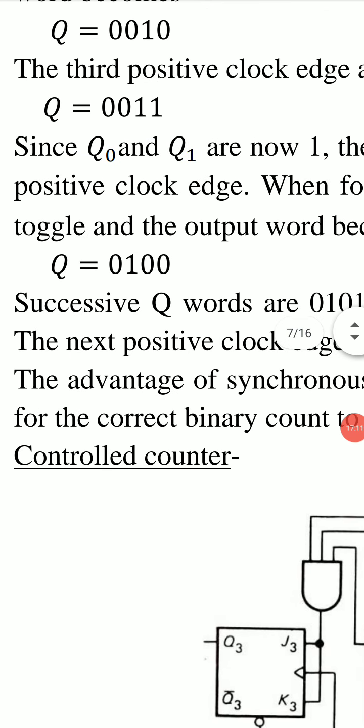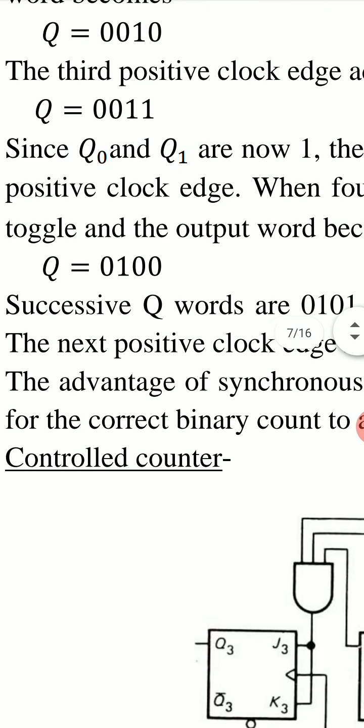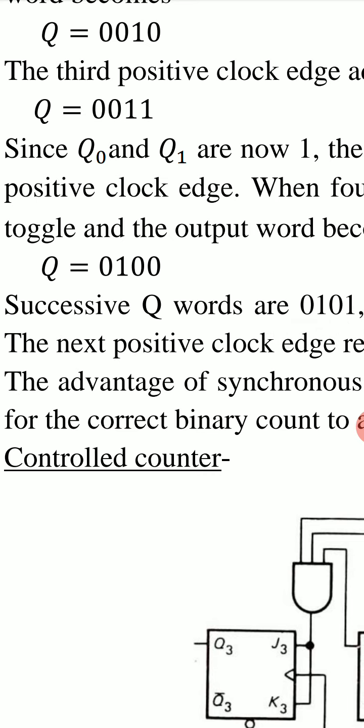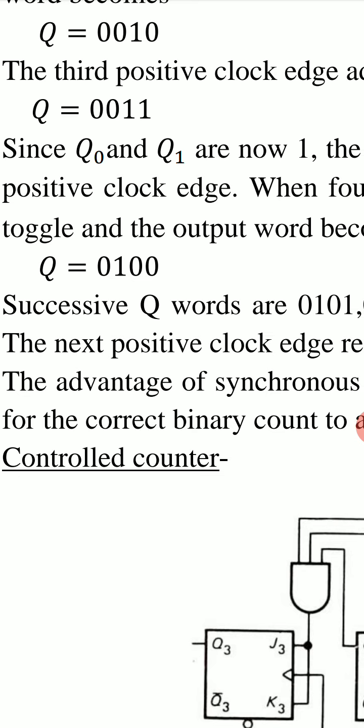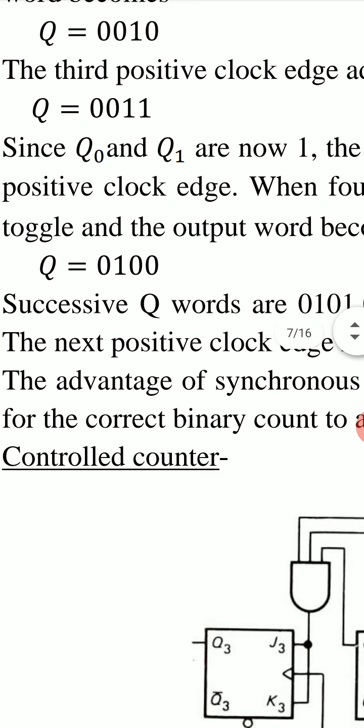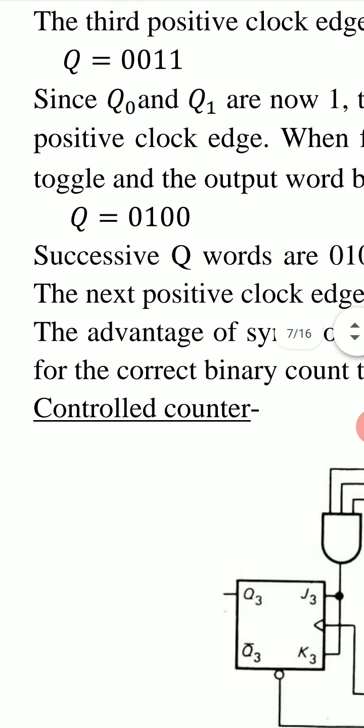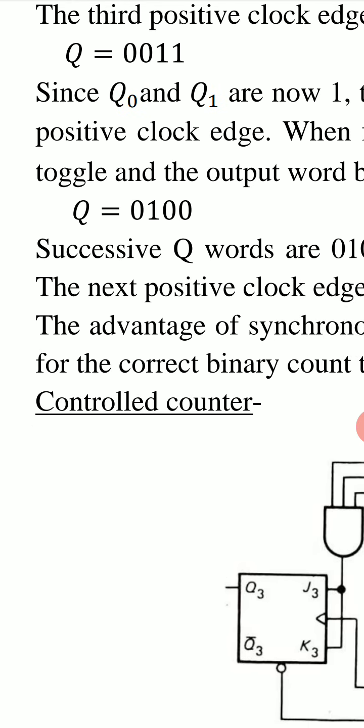When Q1 is 0 and Q0 is 0, the word is 0, 0, 1, 1. Now Q1 is 1 and Q0 is 1. So on the next positive clock edge, Q2, Q1 and Q0 all three will toggle, and the next word is 0, 1, 0, 0.